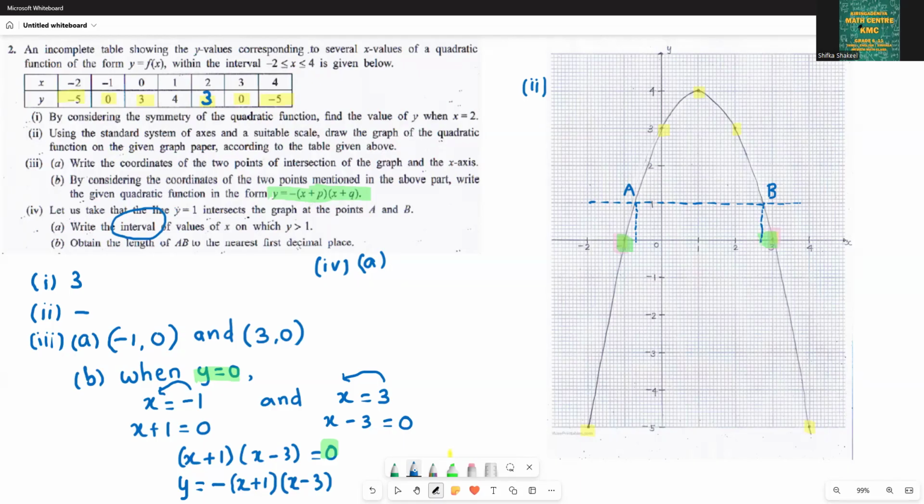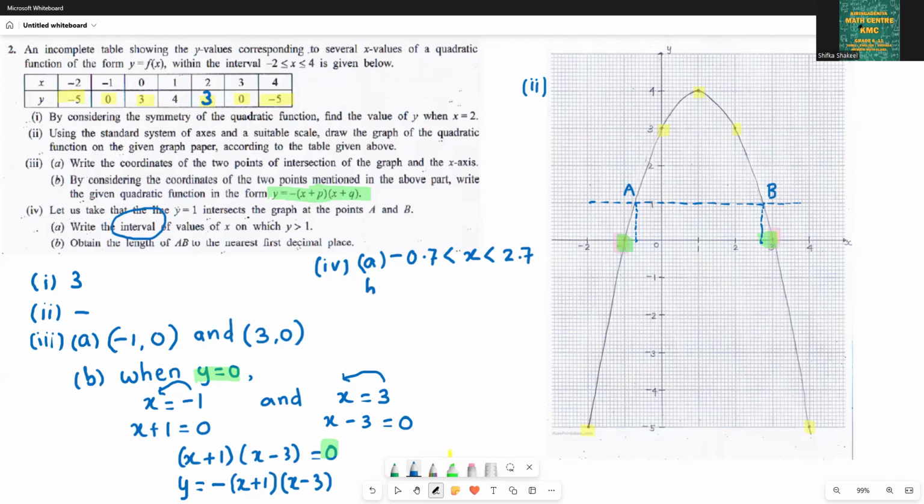So these are the values: minus 0.7 is less than x is less than 2.7. These are the two values, minus 0.7 and 2.7, the range.